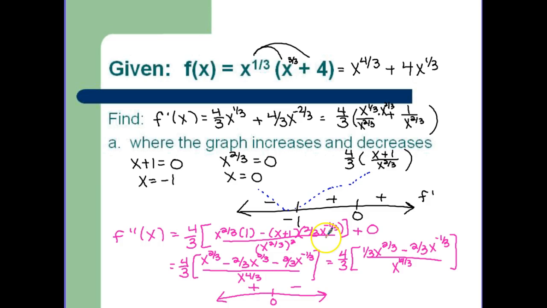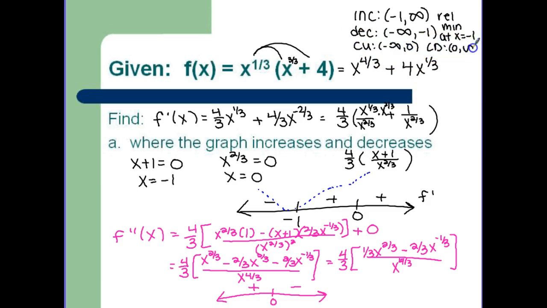We have a relative min at x equals -1, no relative max. It's concave up from negative infinity to 0, concave down from 0 to infinity, and a POI at x equals 0.